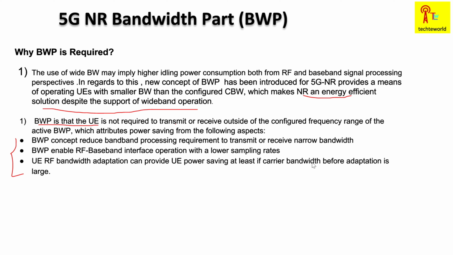But with the bandwidth part, if the user wants to use a narrow bandwidth, the baseband processing is done for that particular narrow bandwidth only, and hence it is good for power saving. And second, bandwidth part enables RF baseband interface operation with a lower sampling rate.